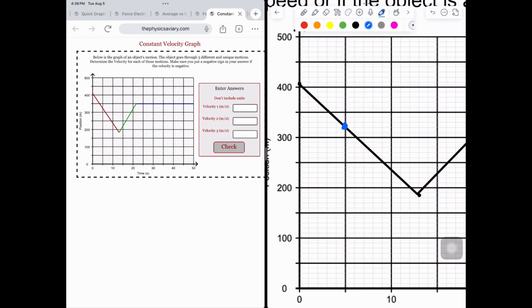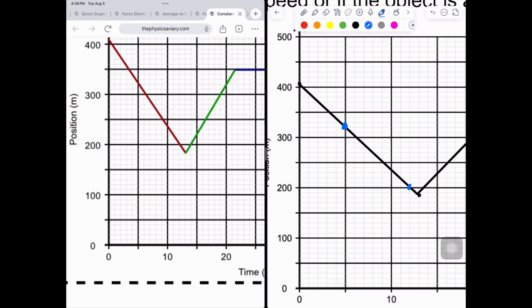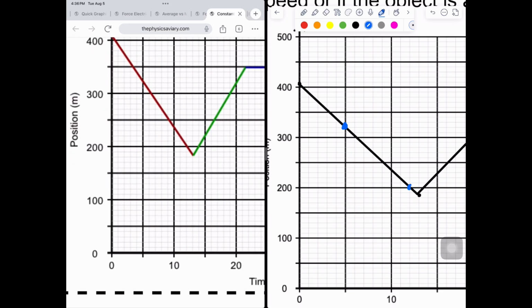Find a couple points where it's crossing through the graph paper almost perfectly. I really like the points at 5. Actually, I could probably do better than that. Okay, I like the point at 4 seconds a lot.